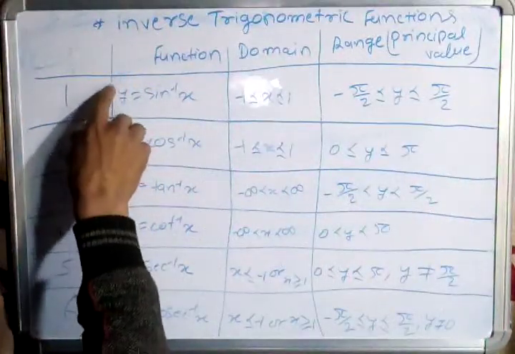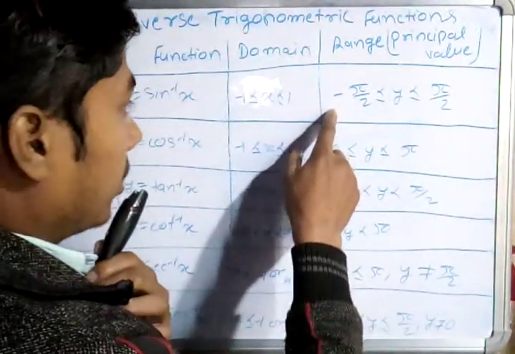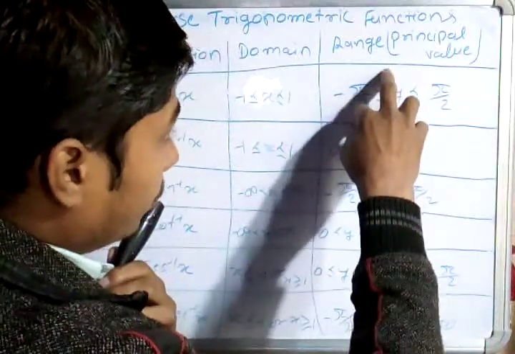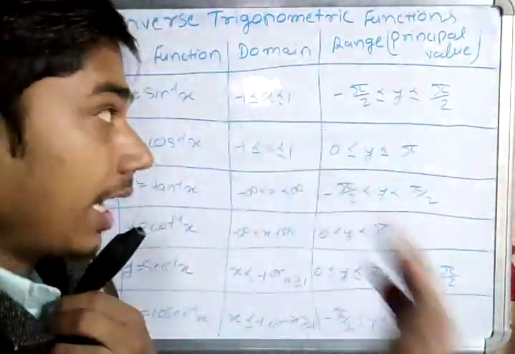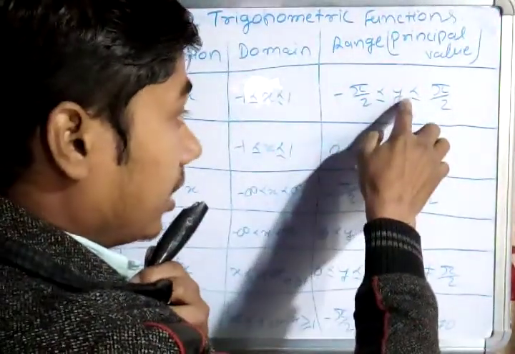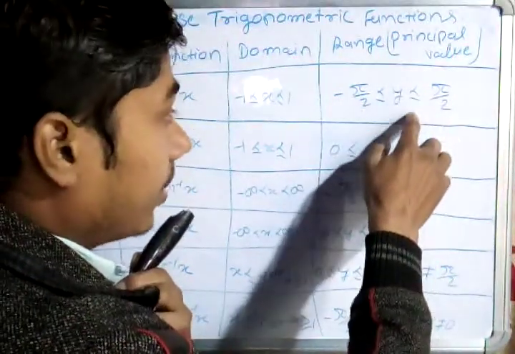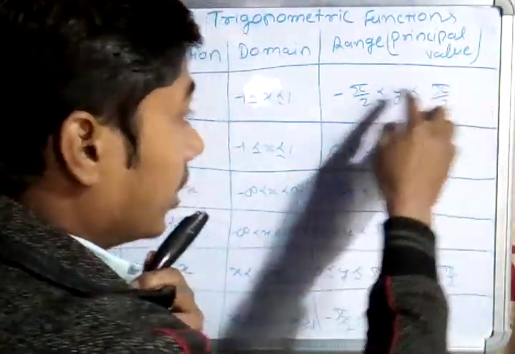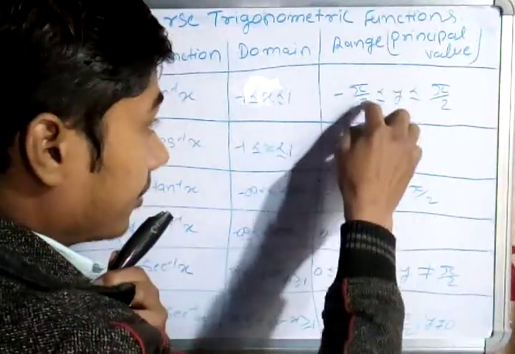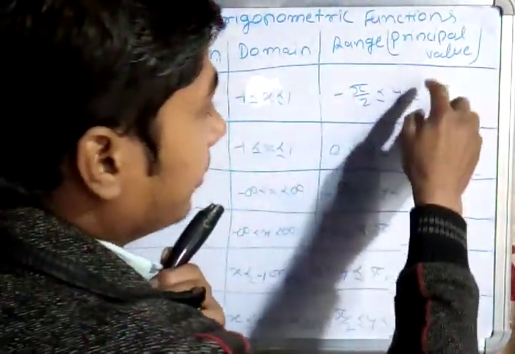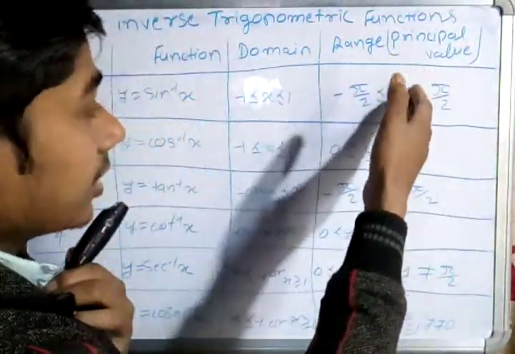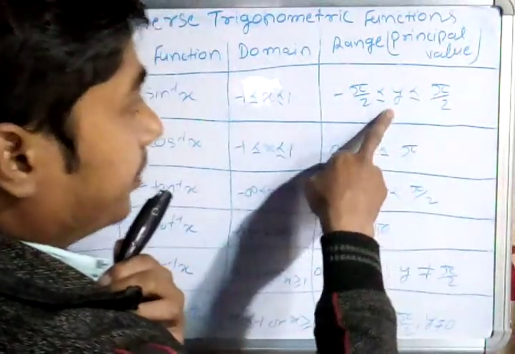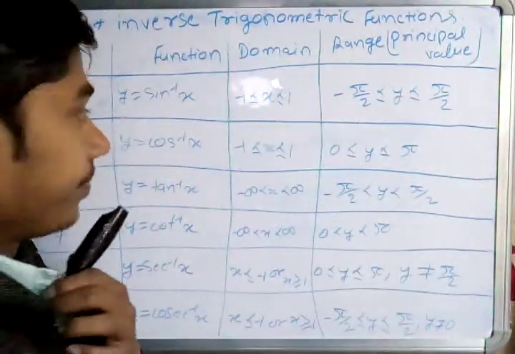The value of y is between minus pi by 2 and pi by 2, negative angle and positive angle, which is called the principal value.